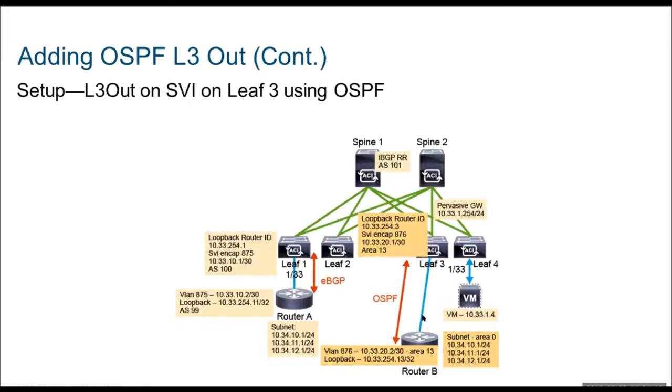This subnet would be my type 2. Anything from here, according to this one, will be type 3. Any ACI subnets, any internal bridge domain subnets that you've enabled for external advertisement should appear in here as type 5.